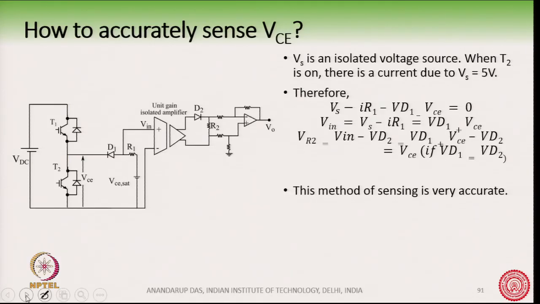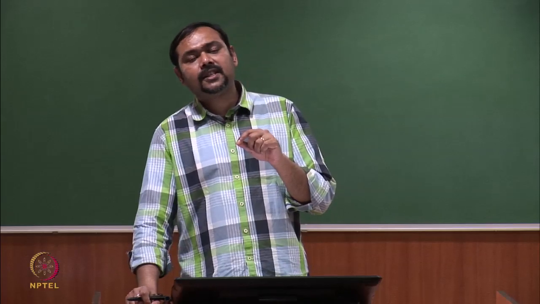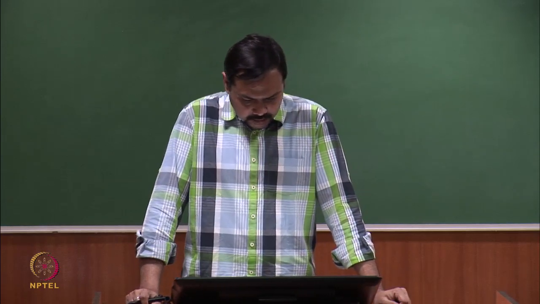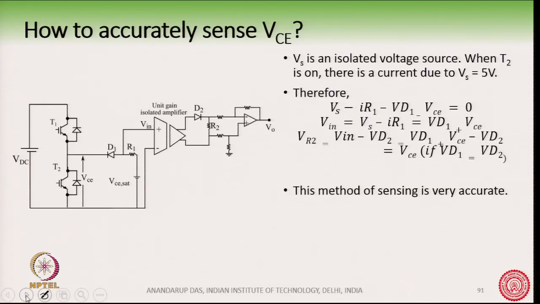We have to see the on-state VCE, because at off-state the collector-emitter voltage is equal to the DC bus. So, at on-state, when the device has fully turned on, how much is the VCE on? Suppose this is the circuit.